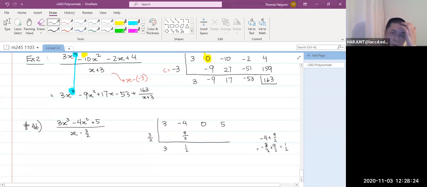Now, positive 1 half times 3 halves is 3 over 4. Add, multiply by 3 halves, that would be 9 over 8. Now 5 plus 9 over 8 is 49 over 8.